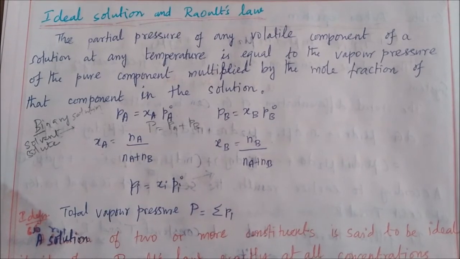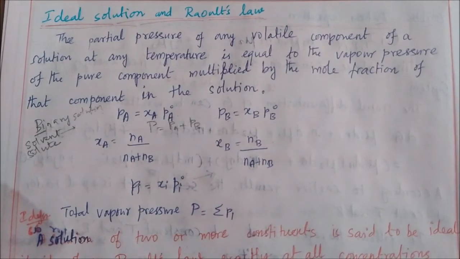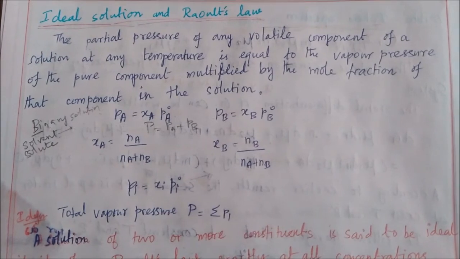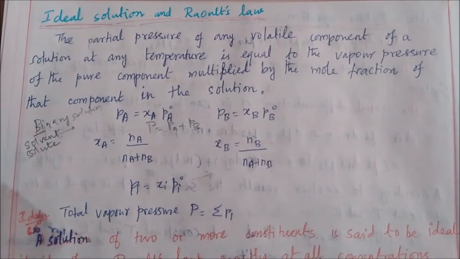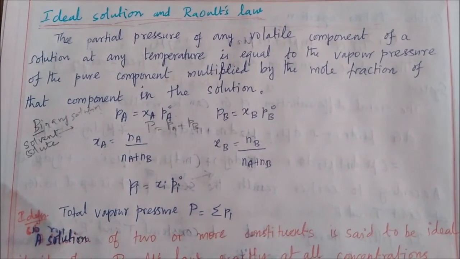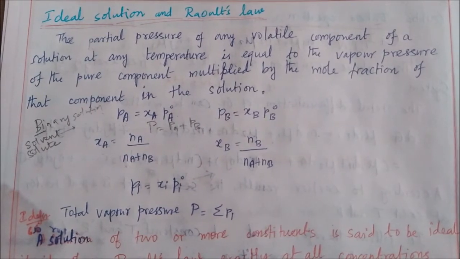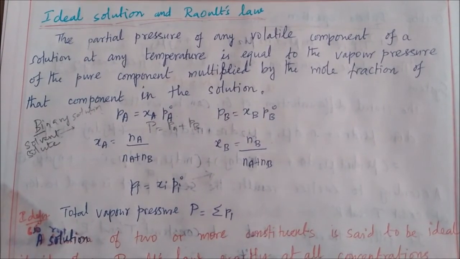Okay. And now we are going to get a definition. What is ideal? A solution of two or more constituents is said to be ideal if it obeys Raoult's law.